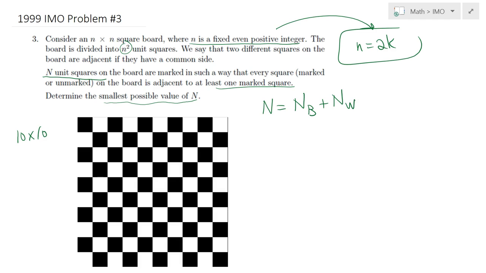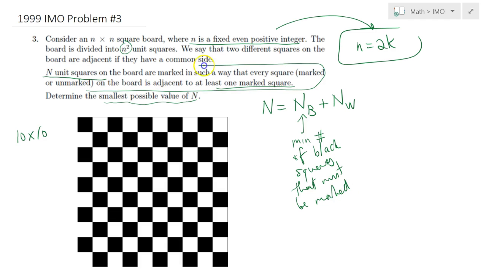What I mean by n sub b and n sub w is this: n sub b is the minimum number of black squares that must be marked so that the condition of the problem is satisfied, that every white square on the board is covered, right?